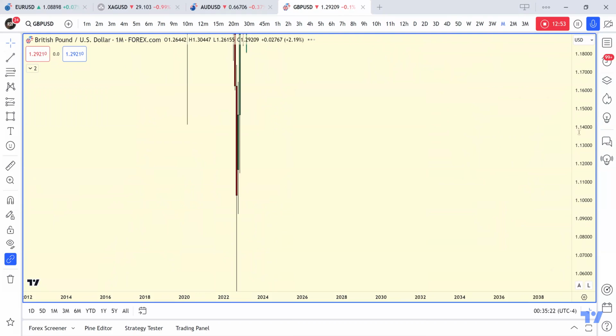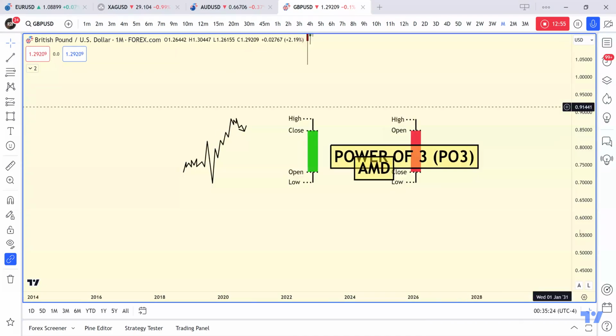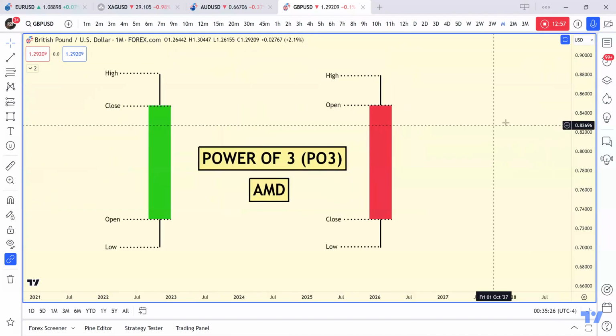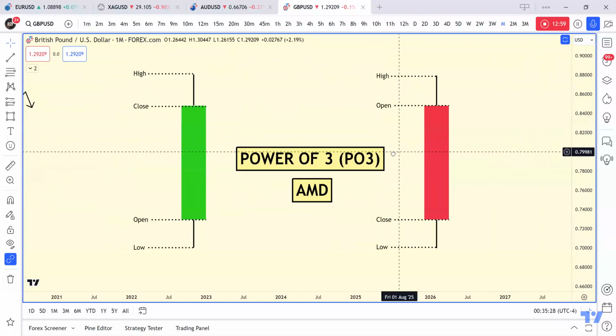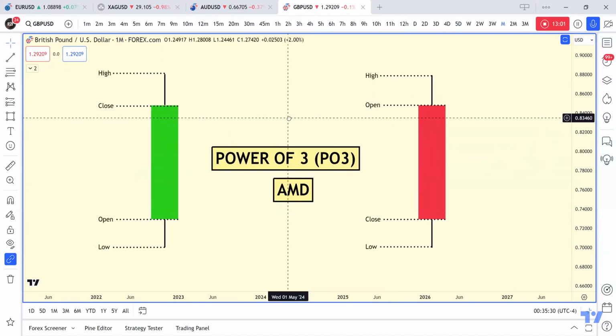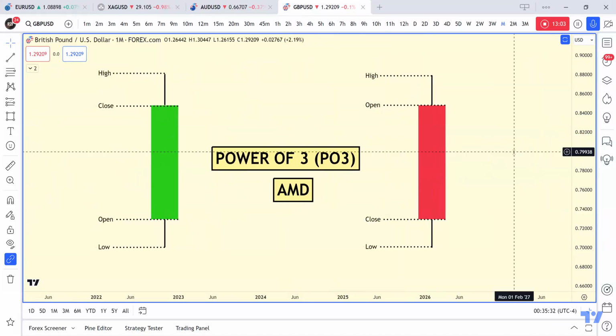I hope you found that insightful. I think it's quite important to understand the power of 3 if you're using ICT's concepts, because everything happens in terms of liquidity, and how liquidity is engineered is through manipulation.